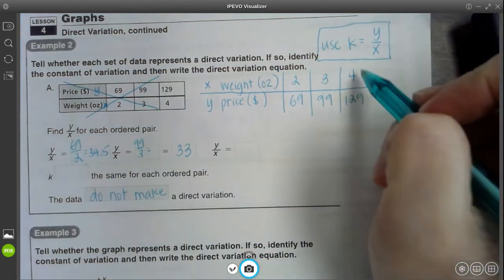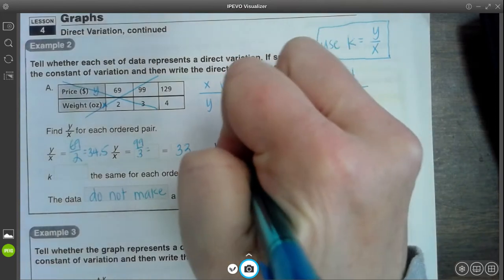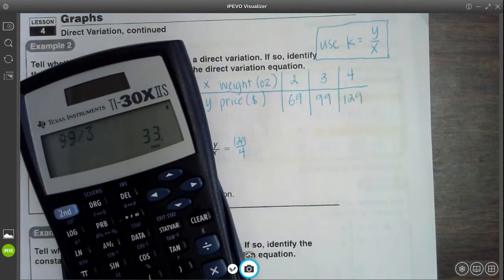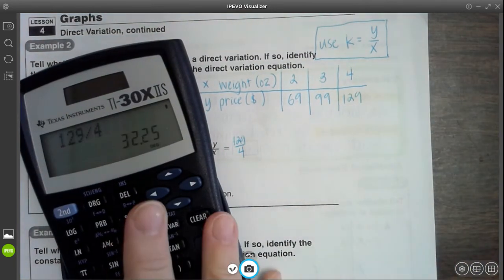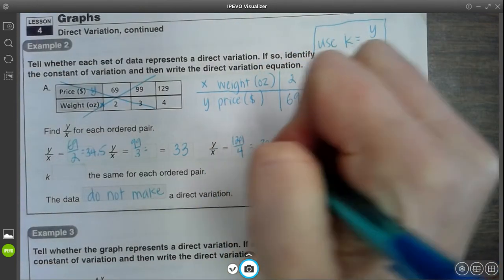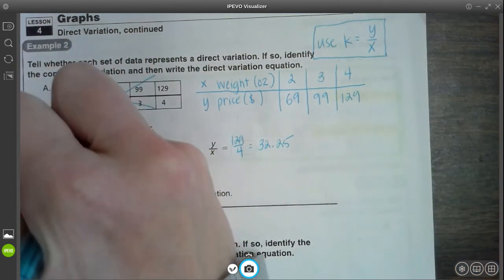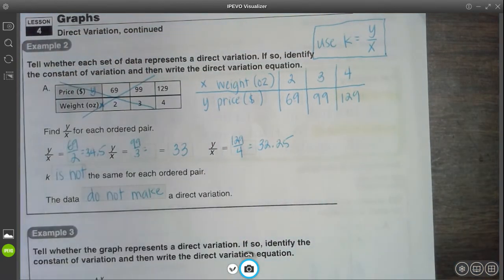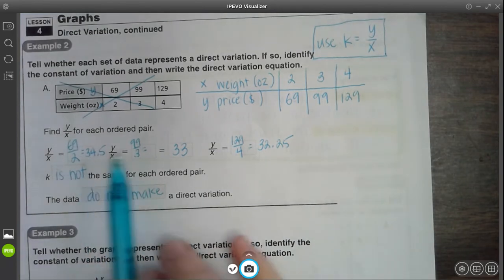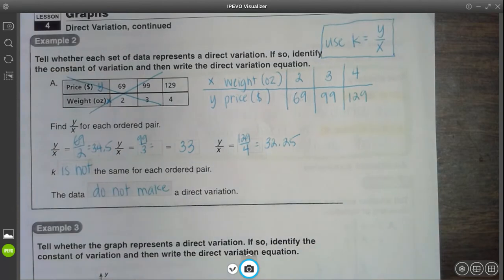Okay, the third one, if I were to try that, it's 129 over 4, and if I divide those, I get 32.25. So therefore k is not the same for each ordered pair. And if you don't get the same k value each time when you do the y divided by the x, it's not a direct variation.